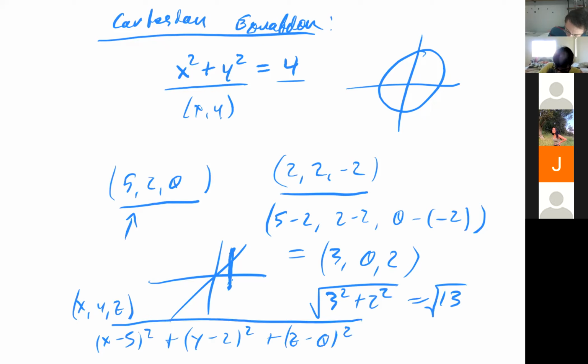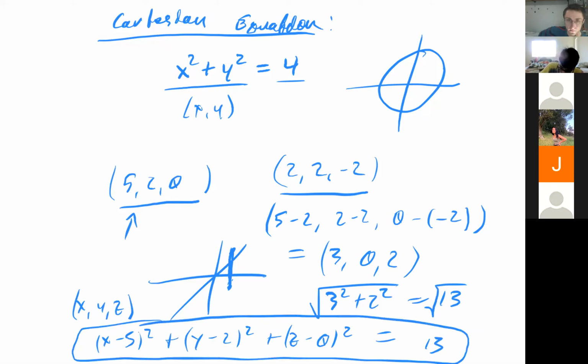And that's equal to root 13. And so all we have to do is square both sides, and then we end up with this equation, which looks like our familiar equation for a sphere. All right? Hopefully everyone's happy with that.